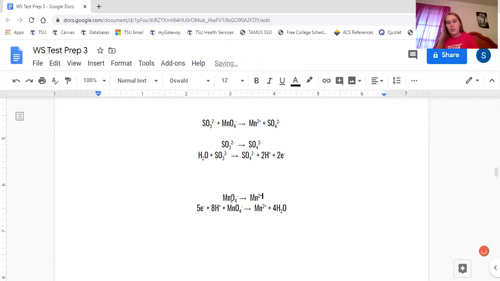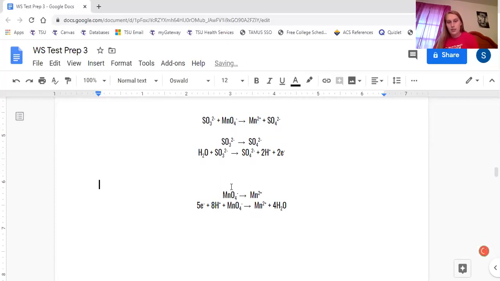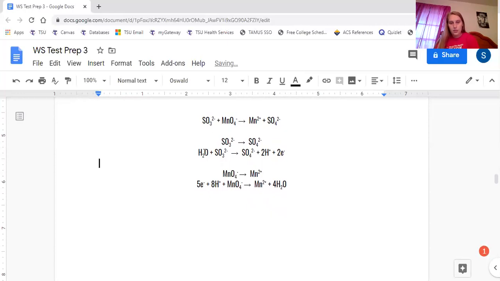Okay, so now we're going to take these 2 equations and we can put them together. What I like to do is take this, Control C, e space plus space there, and then we're going to take the first half of this reaction.